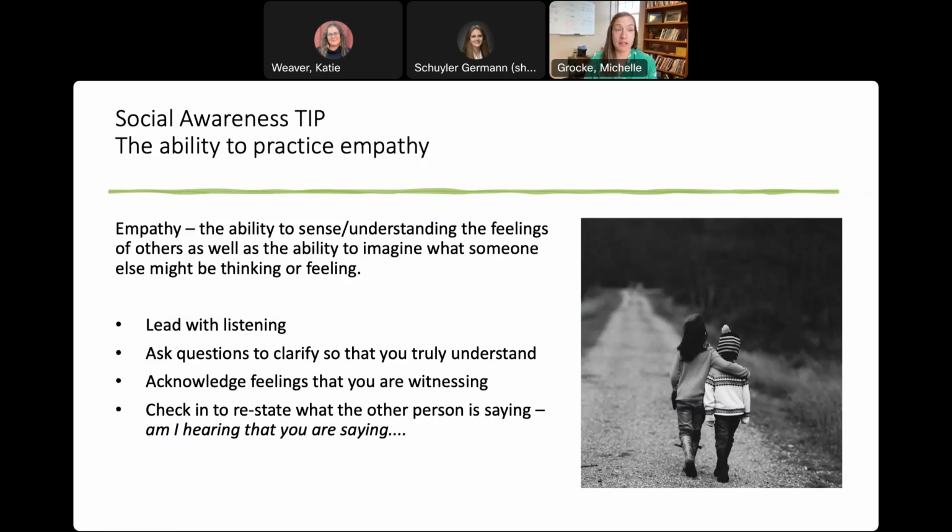A lot of this social awareness has to do with our ability to practice empathy, and this can continue through life, right? Our ability to become more empathetic towards others. So again, keeping in mind that understanding others' emotions and considering their perspectives are as important to creating fair, trustworthy work environments, home environments, etc.